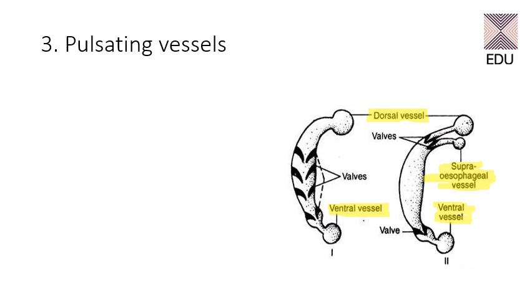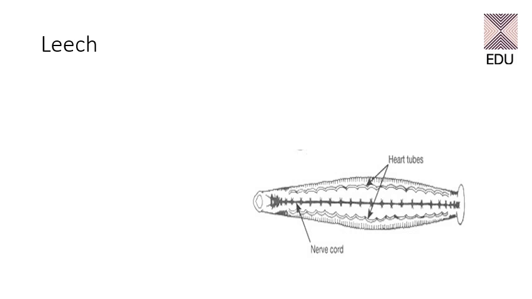Although the two hearts of a segment tend to contract together. As the earthworm has 4 pairs of hearts, a pair in a single segment contracts together, but they have no relation with the hearts of the other segments. So that was the case of the earthworm.